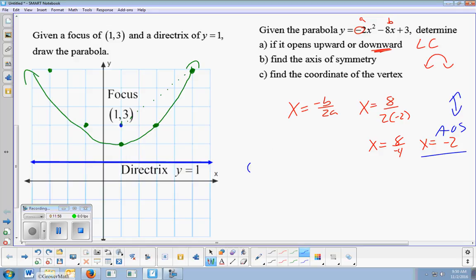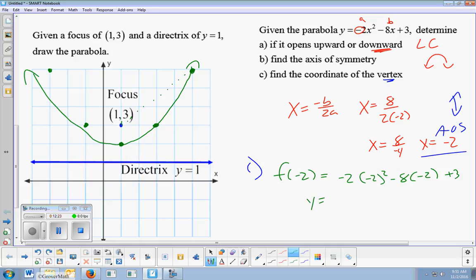Part C, how do I find the vertex? Well, I can look in my calculator in a table, which is helpful, and there's tools that I'll show you in class how to do that. But the x value of the axis of symmetry is the vertex point. So I have to do f of negative 2, meaning I have to replace all my x's with negative 2's in my equation and solve for y, basically.